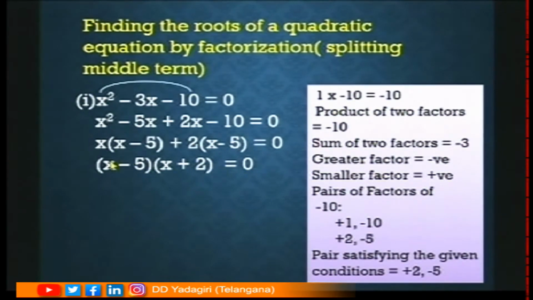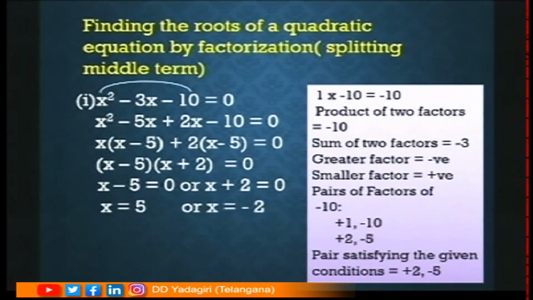Now, understand here children, when the product of two terms is equal to 0, then either of the terms must be equal to 0, which means either x minus 5 should be equal to 0 or x plus 2 should be equal to 0. If x minus 5 is equal to 0, then x should be equal to 5, or if x plus 2 is equal to 0, then x should be equal to minus 2.